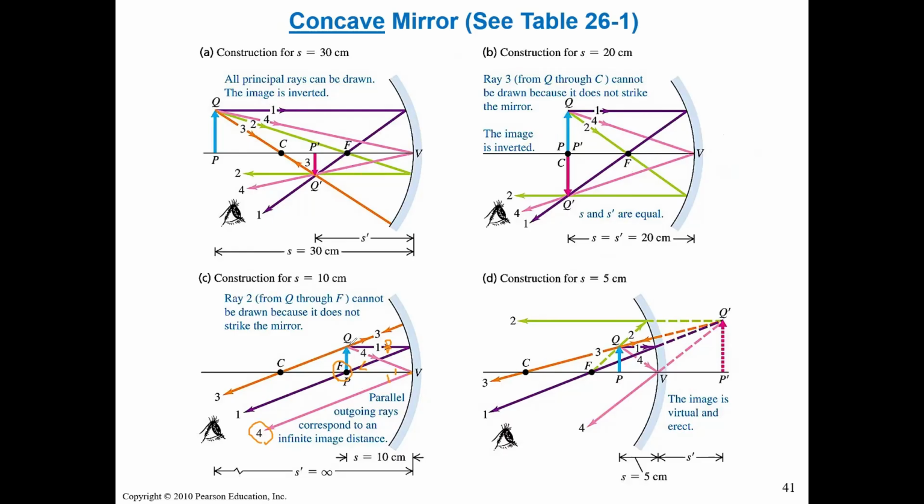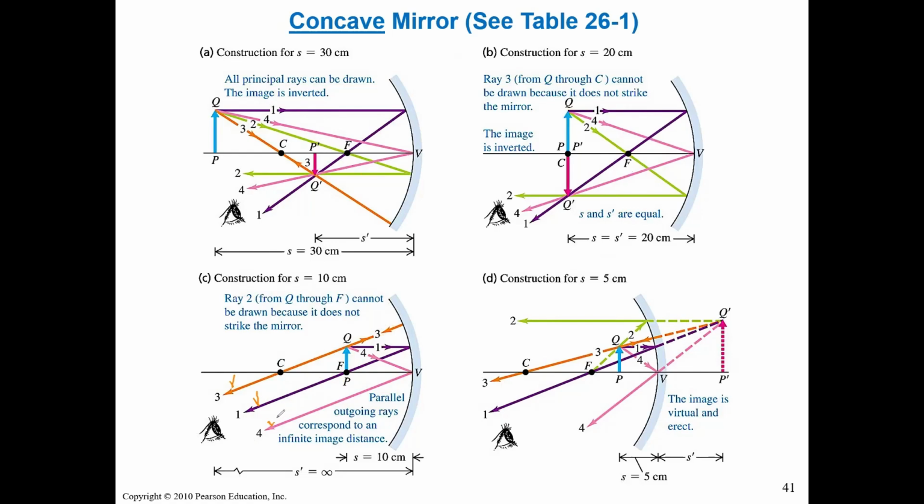You can also do this ray tracing for a C ray. The C ray is going through the center of curvature C. It will hit the mirror at the right angle and reflect back. And what you will see is that all those reflected rays are parallel to each other.